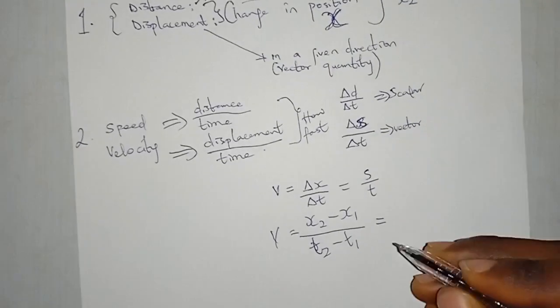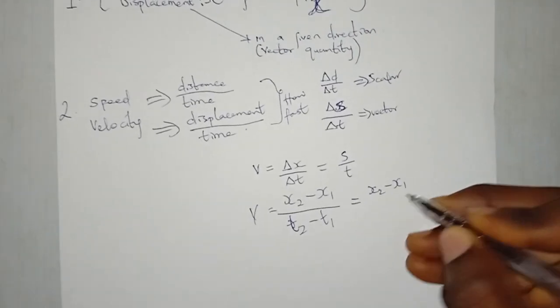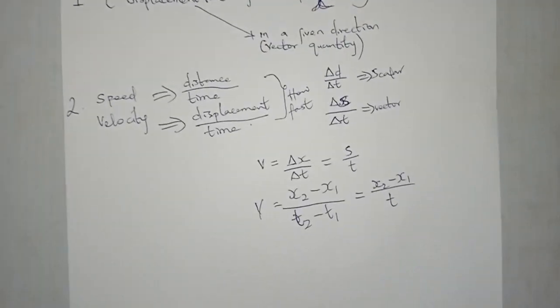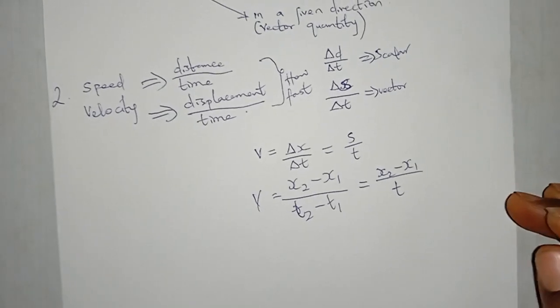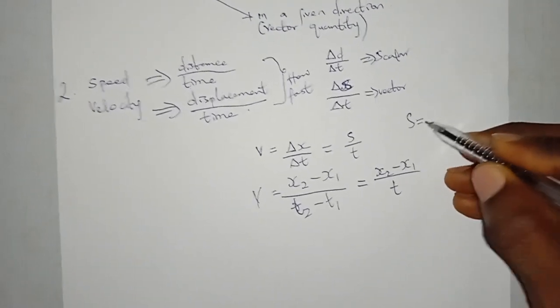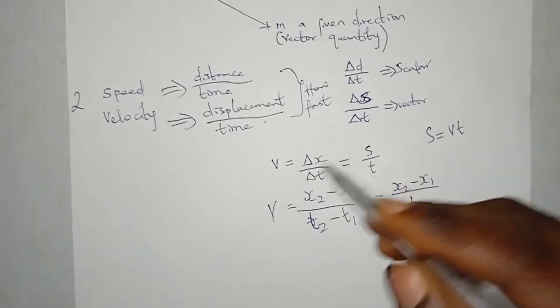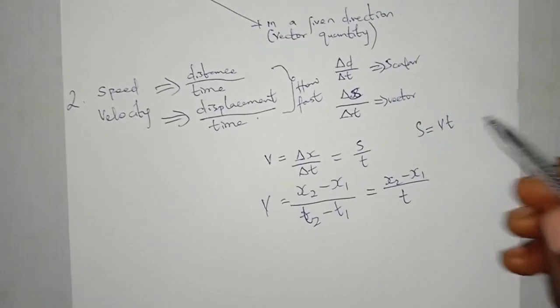Whichever way you see it, it's the same thing it's talking about. So this is the same thing as saying x2 minus x1 all over t when only time is given. You've seen some cases where they tell you that s is equal to vt. That is from this formula: displacement is equal to velocity times time. It's still correct.